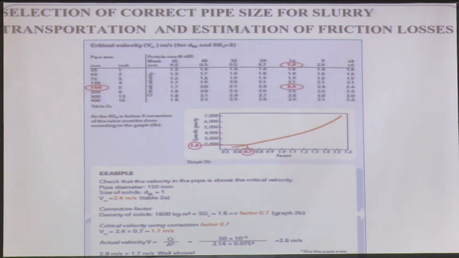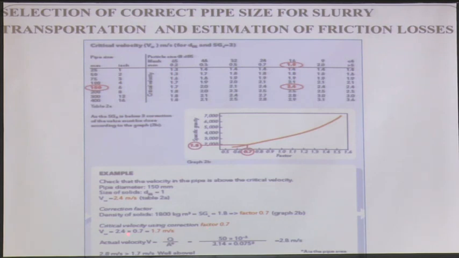So, you pick up a particular pipe and see where you are exceeding or not exceeding these values as per this chart, right. Then you have selected a pipe.